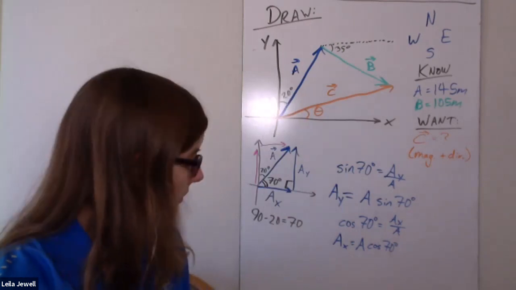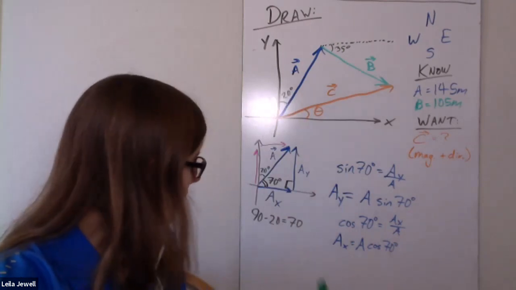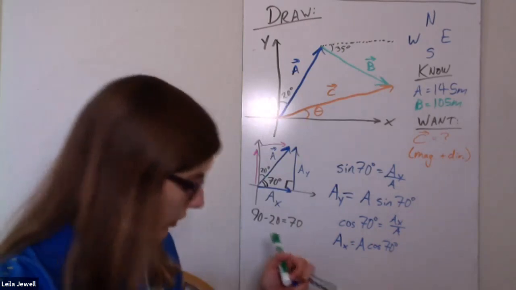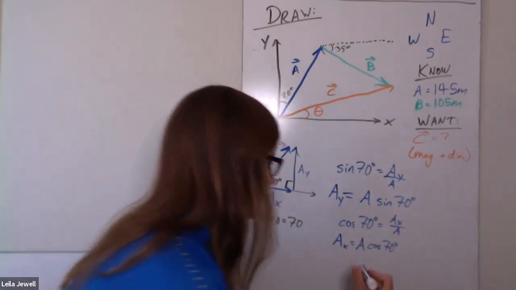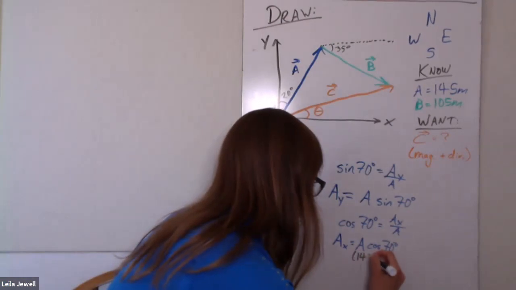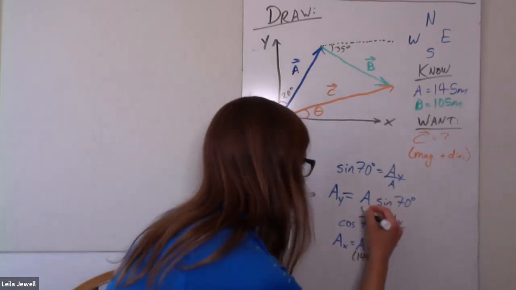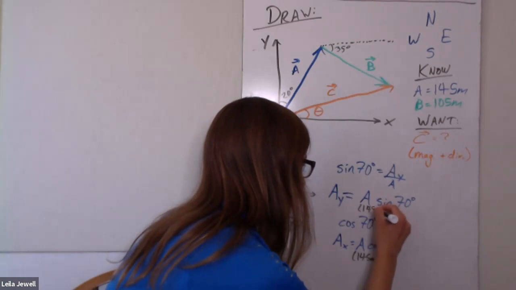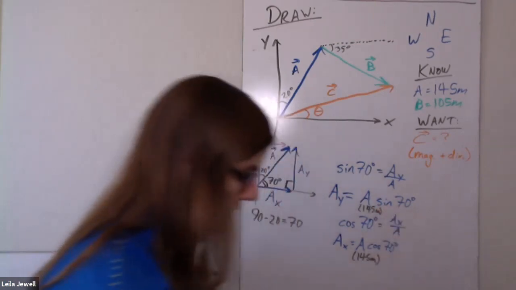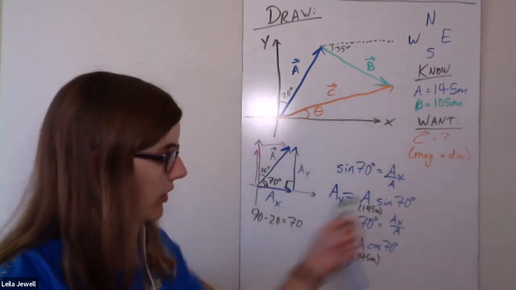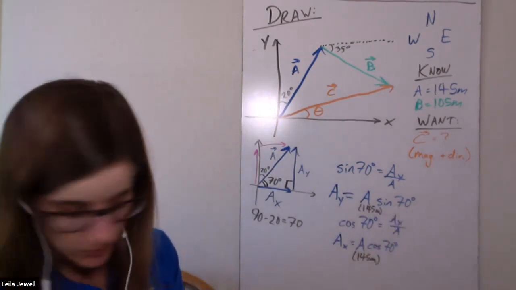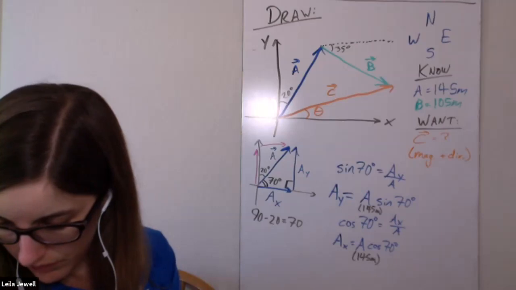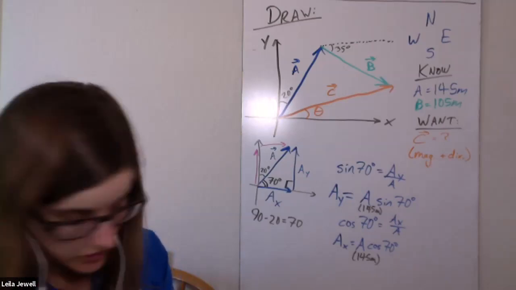And we could fill in that A value there. A is just 145 meters. And so if we did that with 145 meters times sine of 70, then you should get 136. Sorry, I first said 49.6, excuse me.